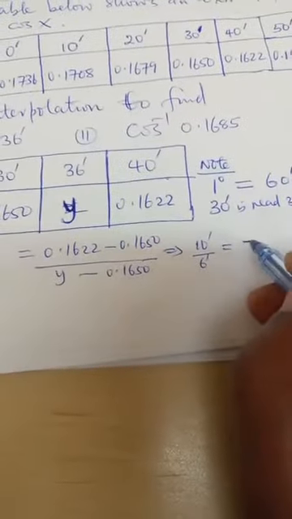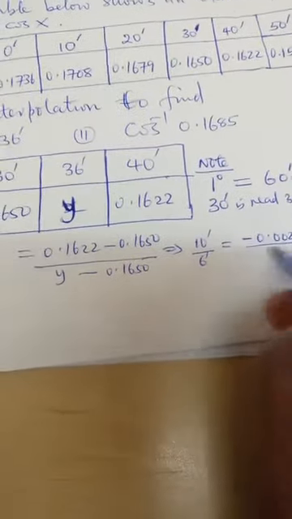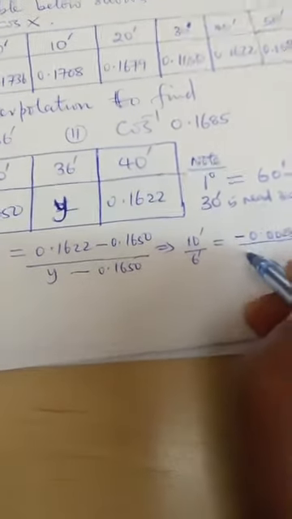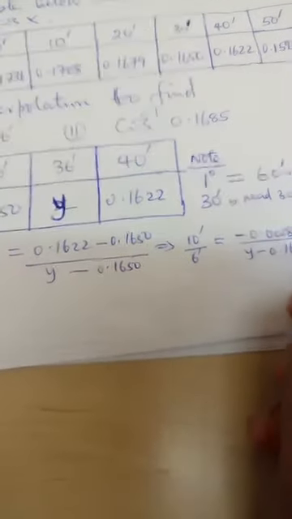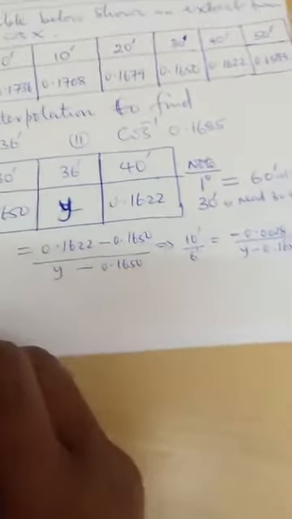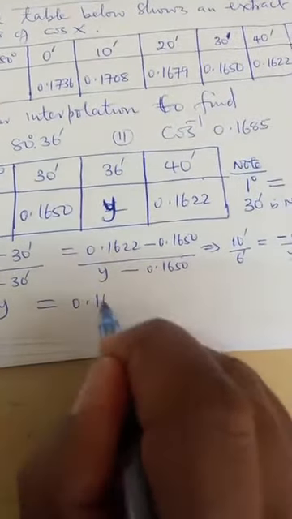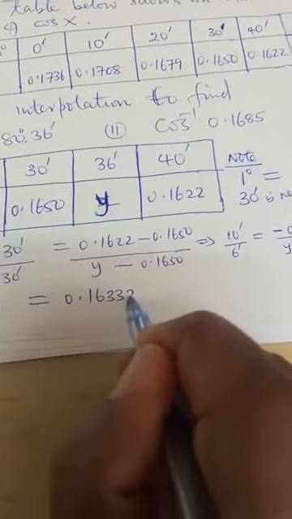the difference here will give you negative 0.0028 if you compute, over y minus 0.1650. When we compute this, it gives us a value of y, which we are looking for, equivalent to 0.16332.